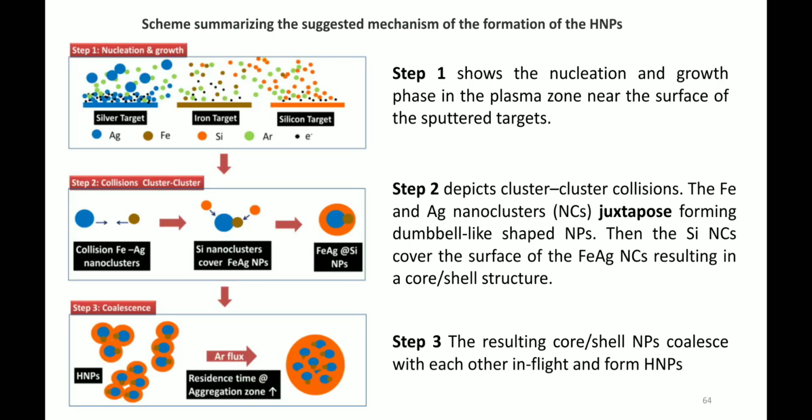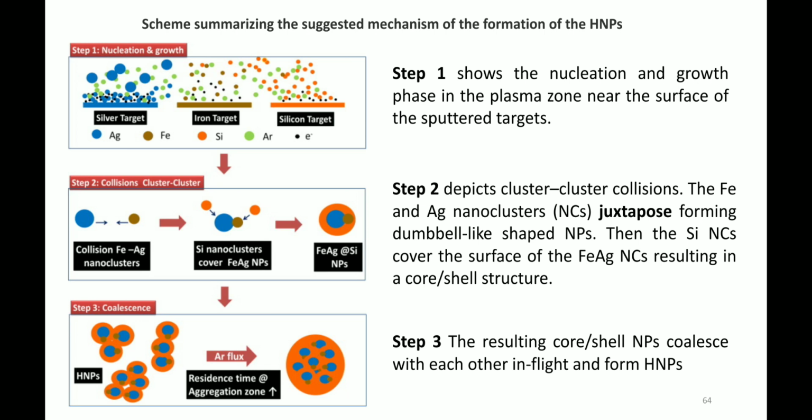Now, as far as the mechanism is concerned, we can see that they have explained the mechanism of formation of HNPs. HNP is nothing but hybrid nanoparticle. This is a short form of hybrid nanoparticles, because we are using more than one metal.